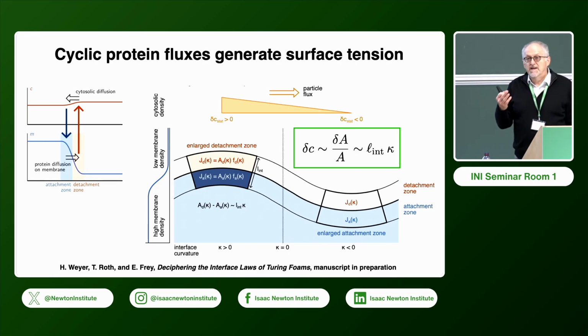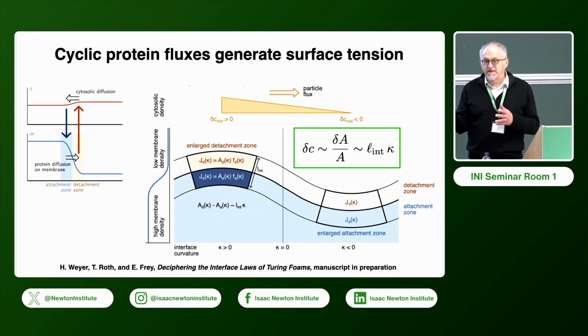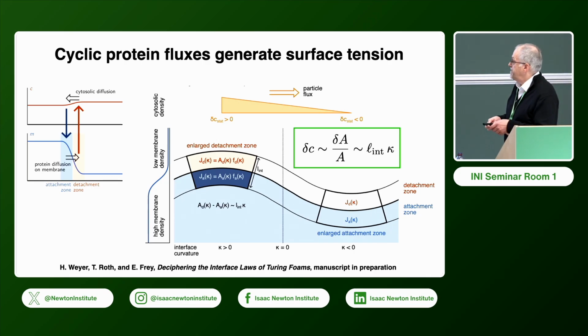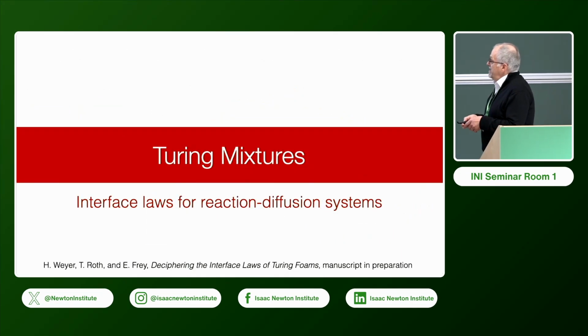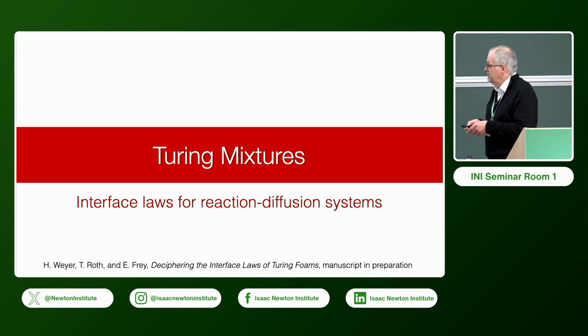So I'm saying the interface tension here is simply proportional to the interface width, or in other words, it's proportional to the diffusion constant of the proteins on the membrane, since that defines the interface width. All right, so let me go and study the implications of that interface tension, this reactive interface tension.